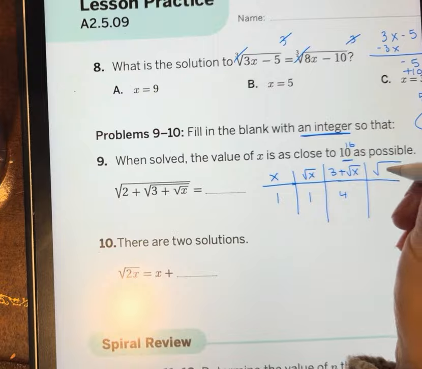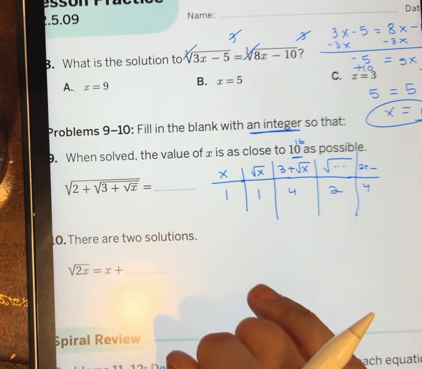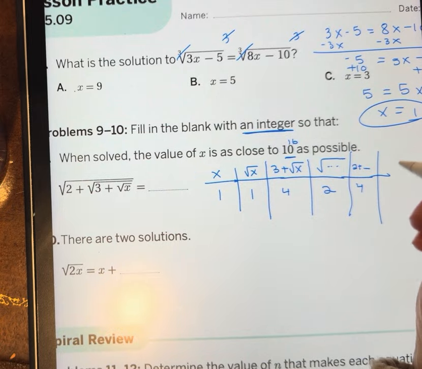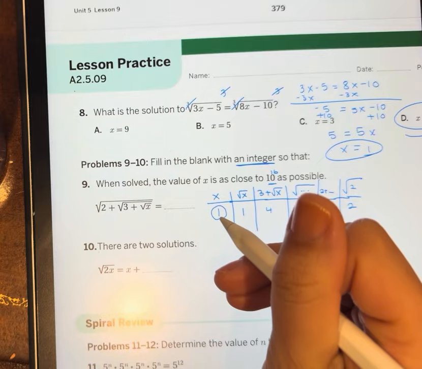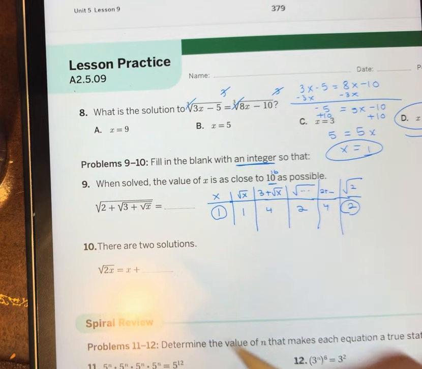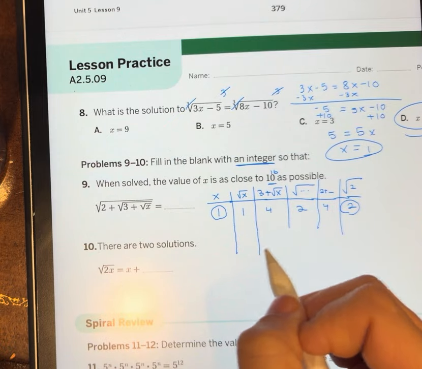And then the square root of that would be 2. And then 2 plus that would be 4. And then the square root of all that would be 2. So if x is 1, we get an integer out, 2. But that's not very close to 10.